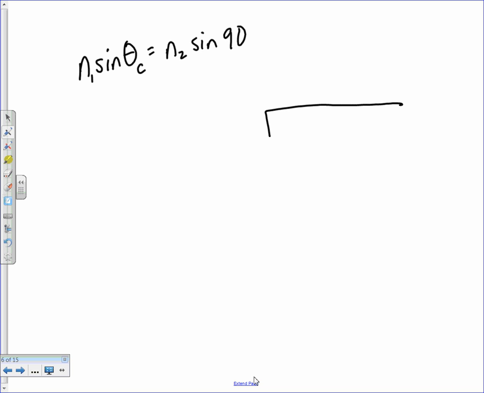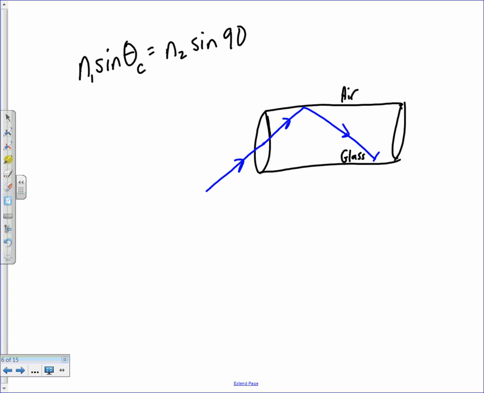If I have, say, a glass core surrounded by air, and light rays come in at just the right angle, they will get totally internally reflected. That critical angle, theta C, is such that if it were refracted here, the angle would be 90 degrees.